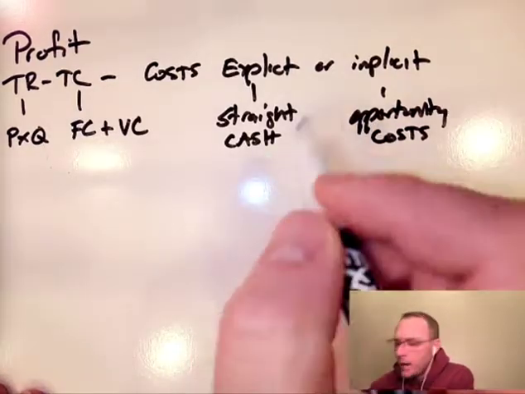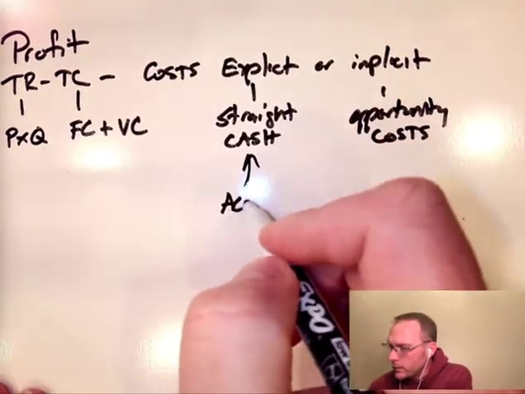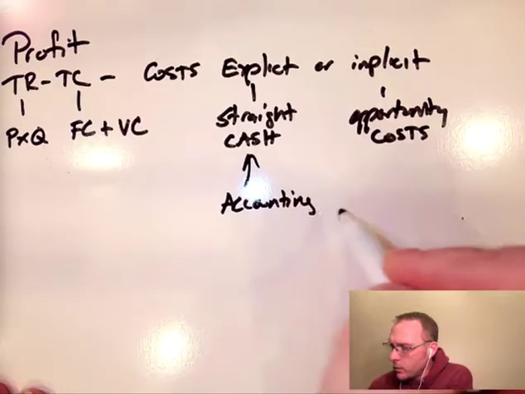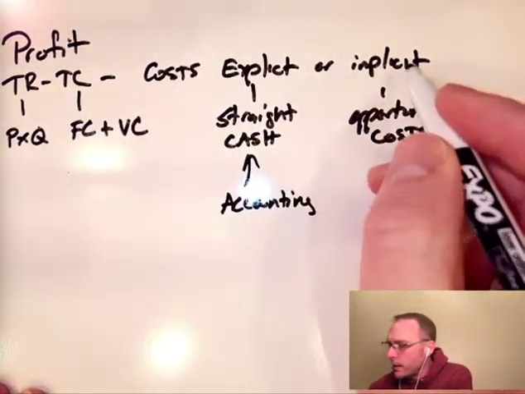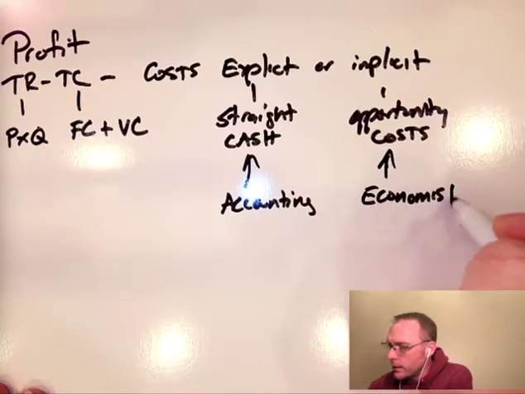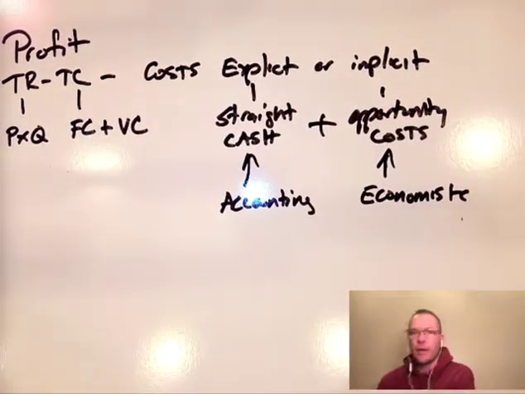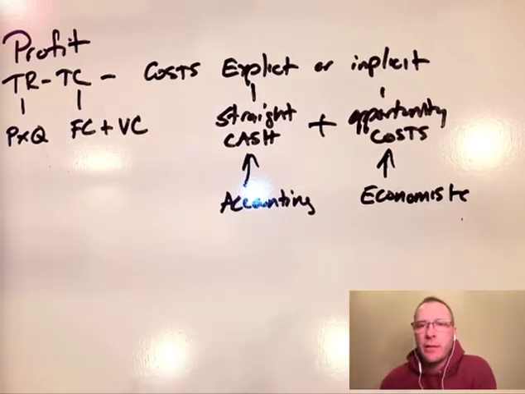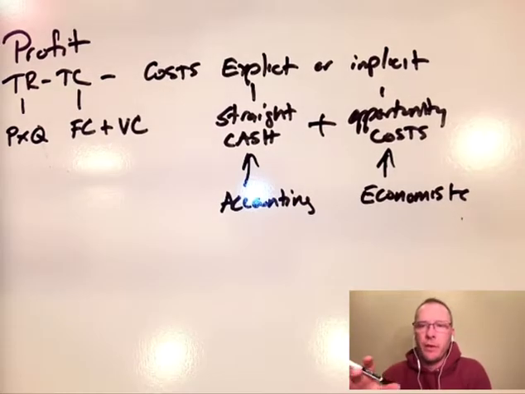Remember, accountants only deal with this. So accounting profit only deals with my explicit costs. Implicit costs, this is what economists take into account; they take both of these things together. They look at the straight cash and they look at the opportunity cost to be able to figure out, hey, this is the true cost of something.